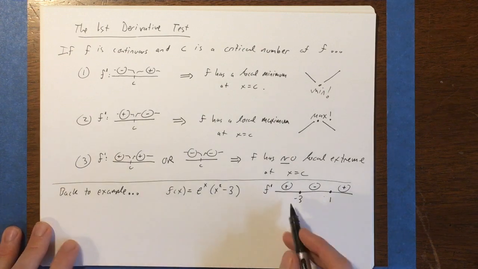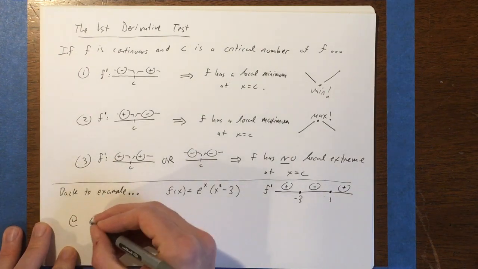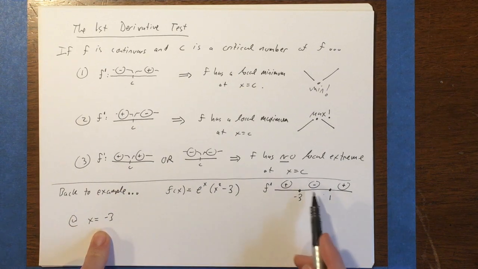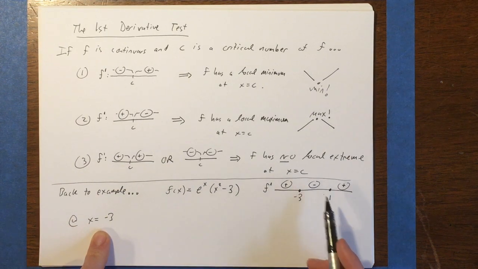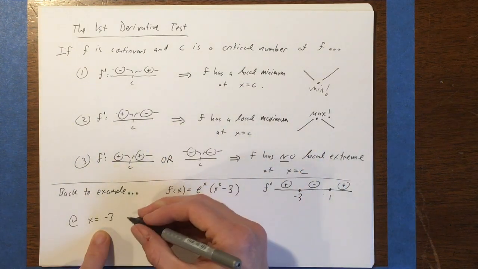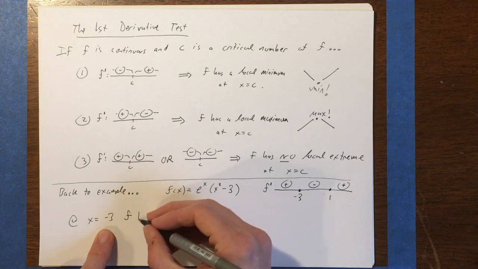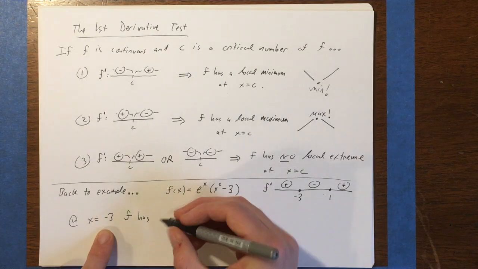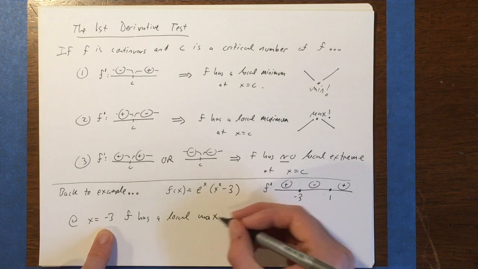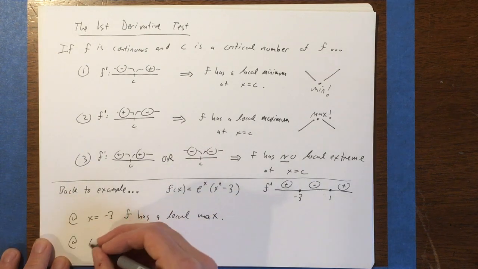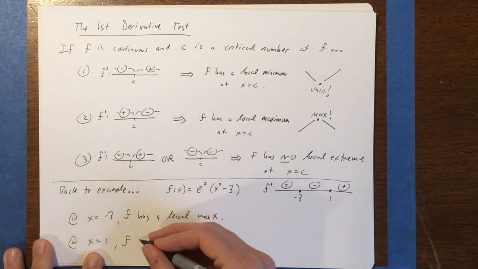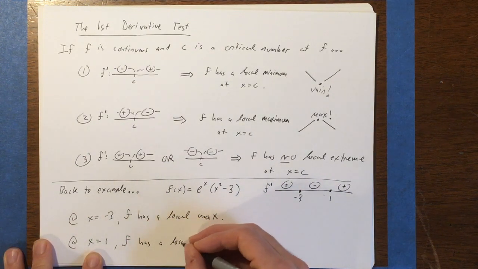So then we can conclude at x equals negative 3, since it changes positive to negative, that is an increase and then decrease. That's case 2, positive to negative. We must have a local maximum. At x equals negative 3, f, this original function, has a local max. And then at x equals 1, since it's changing negative to positive, f has a local min.